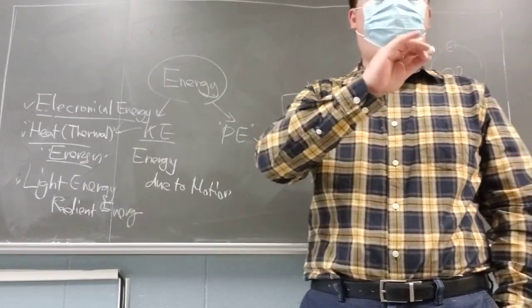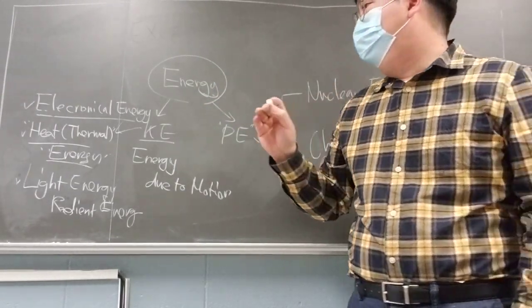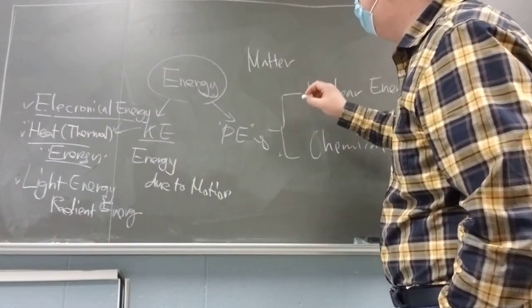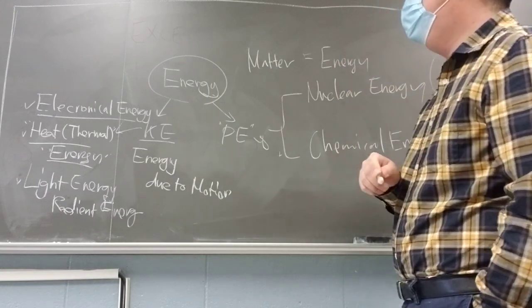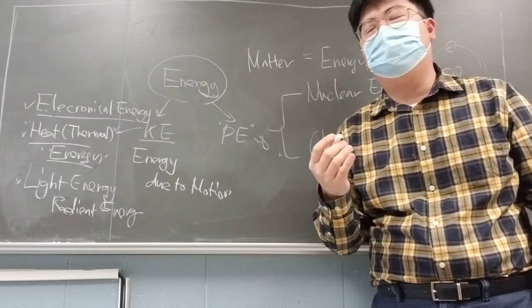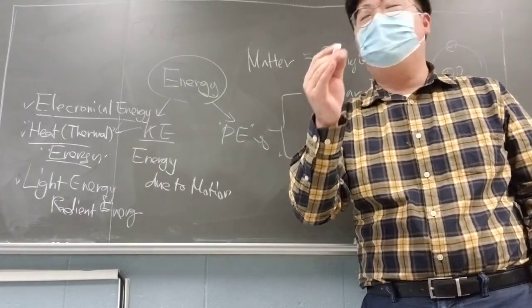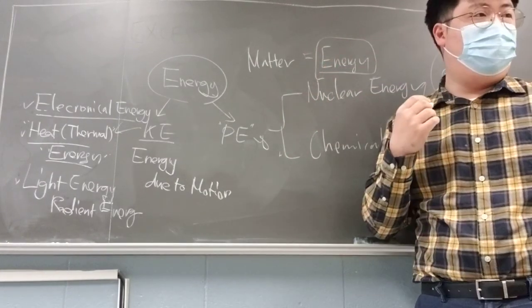Okay, just forget what I'm going to say for one minute. To be matter is almost the same as energy. We don't know why, but to be matter, they need to have energy because they actually originate from energy. That's what we believe.